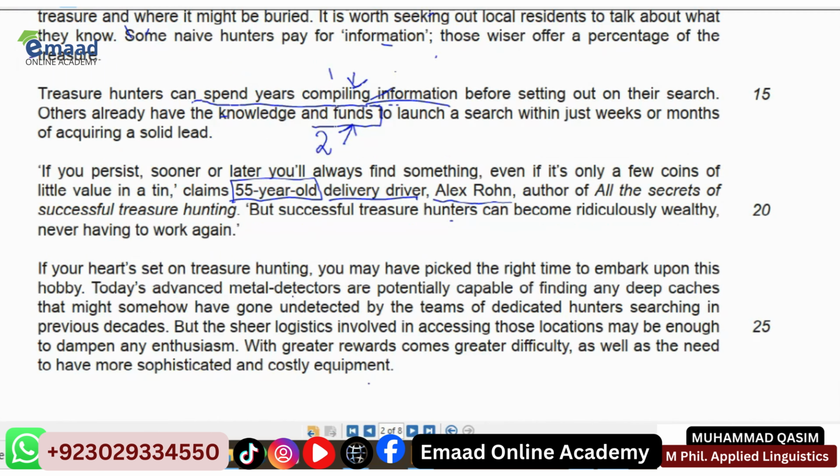Today's advanced metal detectors are potentially capable of finding any deep caches that might somehow have gone undetected by the teams of dedicated hunters searching in previous decades. So the advancement in technology has provided the metal detectors some new equipment that they can easily catch everything. There are fewer chances of things being found there.